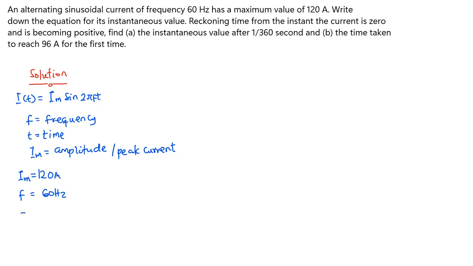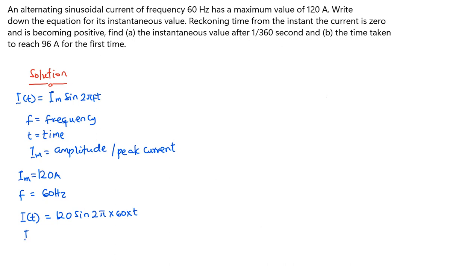So we are going to have the equation for the instantaneous value to be equal to I of t, that will be equal to Im, which is 120, sine of 2 pi ft, and our f is the frequency, which is 60, so times 60 multiplying the time t.